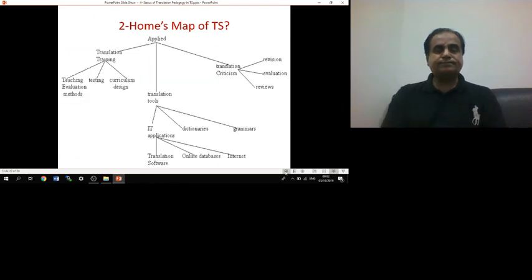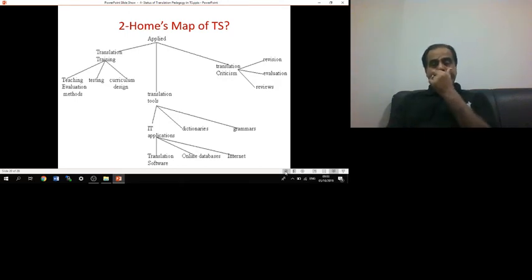This one is applied. So in the map we see the applied translation studies. Here we have translation training. Translation training means translation education, and under translation training we see curriculum design and testing, that is the examination, and teaching evaluation methods is one part of translation training.